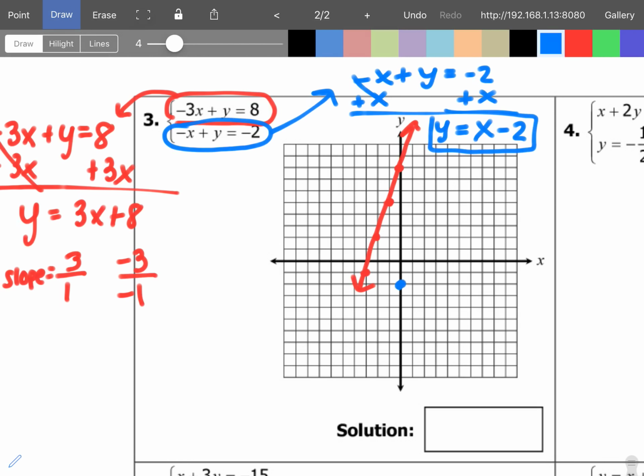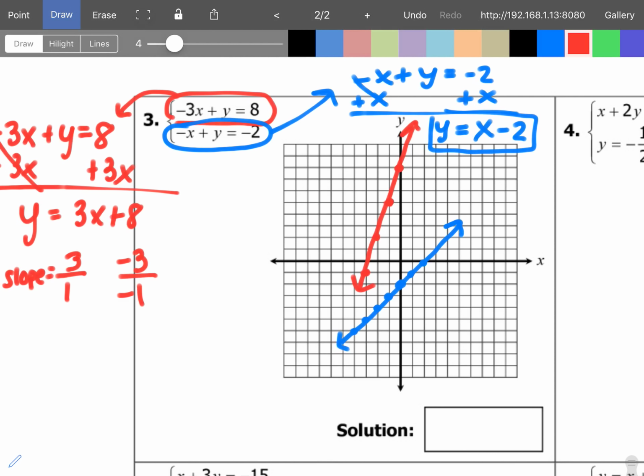So negative 2 is our y-intercept, and then we're going to go up 1 over 1. Up 1 over 1. Now, look, do you see how it's going to be intersecting down here? So I'm going to keep going, and I'm going to draw this line. And then I'm going to go back to my red line, because I'm not sure.